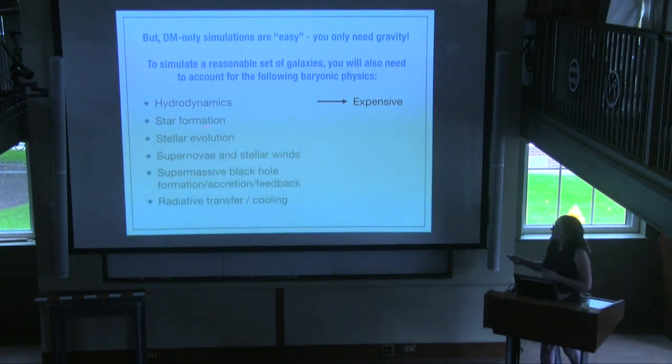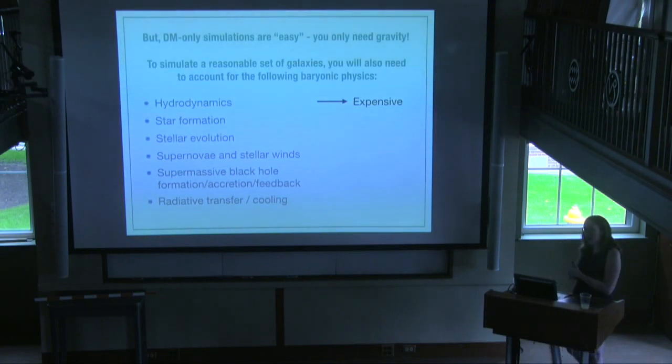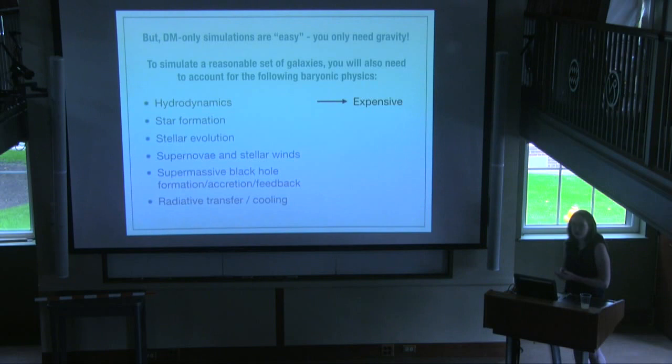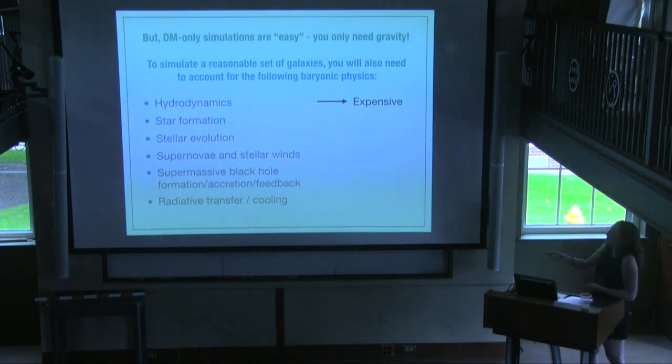And moreover, these processes operate on scales that are just unattainable if you want to simulate the structure of a whole galaxy. You can't go from galaxy sizes to star formation sizes or black hole event horizon sizes. So the way that this works in the galaxy formation community is that we talk to the people who work on these things and get subgrid models for how they will affect the galactic evolution.